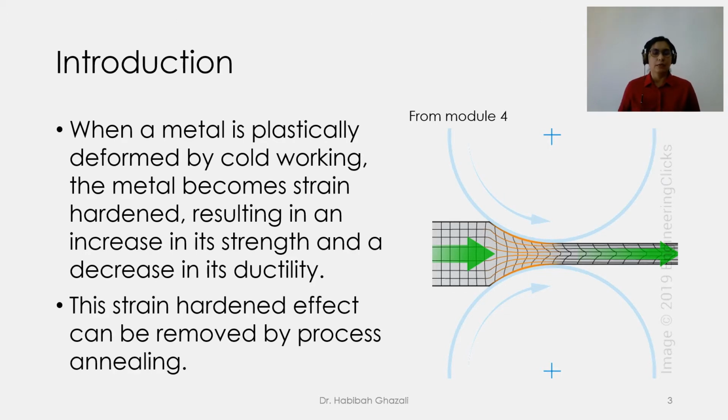And also we learned that this strain hardening effect can be removed by process annealing. So process annealing is a type of heat treatment. This same process annealing can be conducted on different types of metal to change its behavior after it has been cold worked, and in particular it can be done to steel as well.